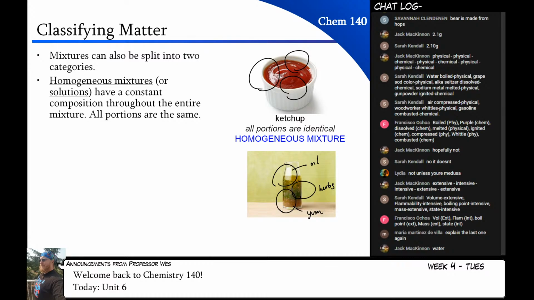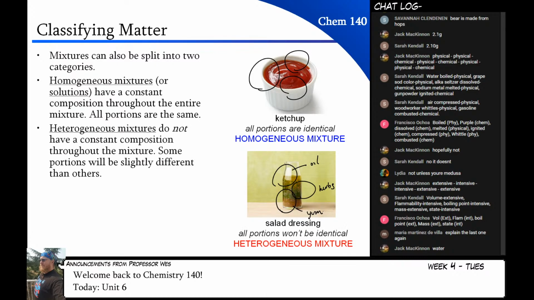And then the later samples that I took from it would be very, very different because all that concentrated stuff would be at the bottom. But even if I did mix the salad dressing, it still tends to separate after a while, right? We're going to say that in the current state that I see the salad dressing on the screen here, we're going to call it a heterogeneous mixture. Heterogeneous mixtures have different portions throughout.